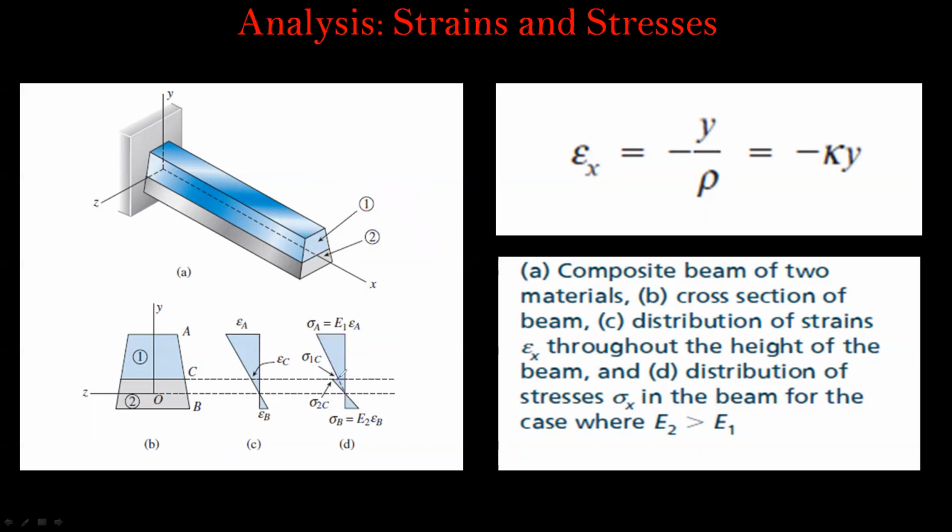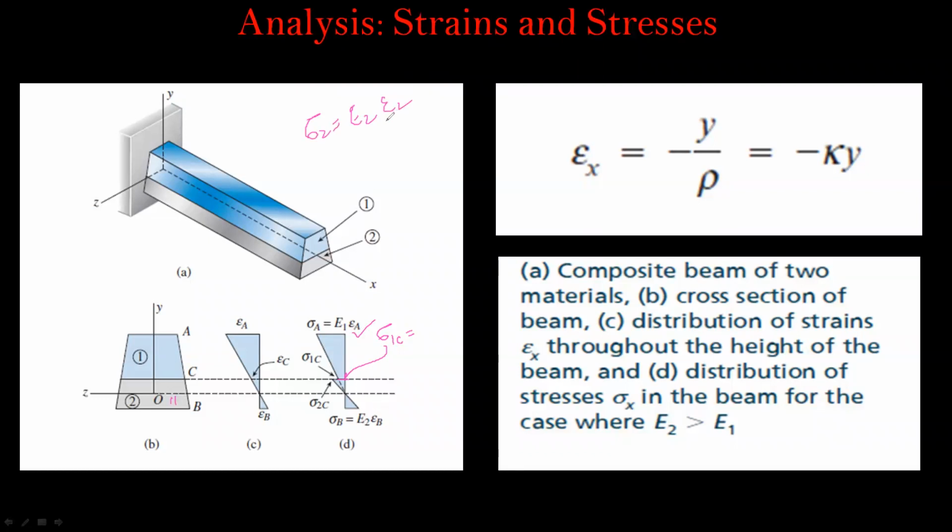If you look at this common interface, the common surface between the two beams, the value of the stress as measured from this formula will be sigma 1 at point C. Now to calculate sigma in material 2, we'll use sigma 2 is equal to E2 and strain in material 2.